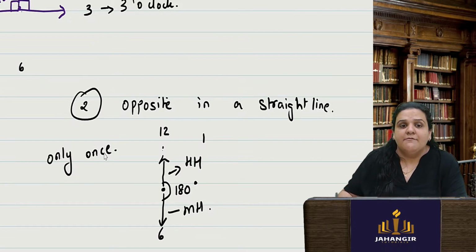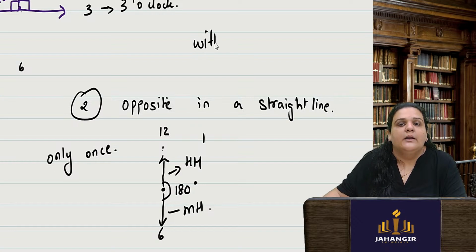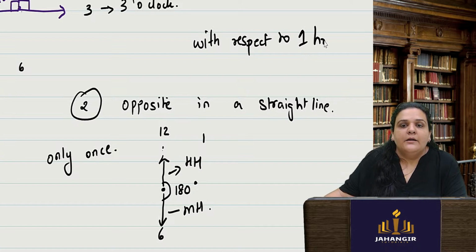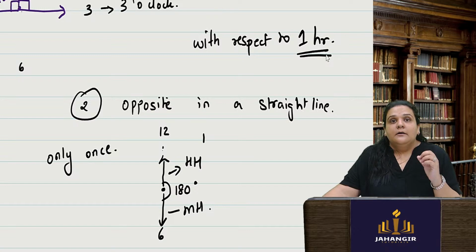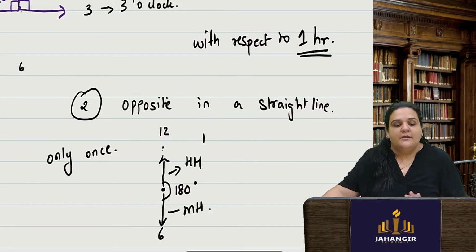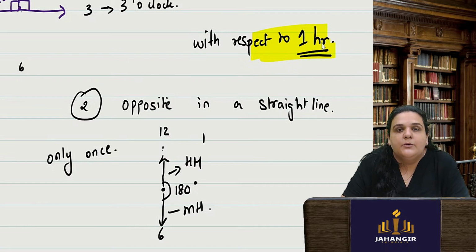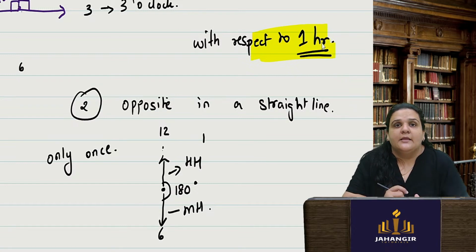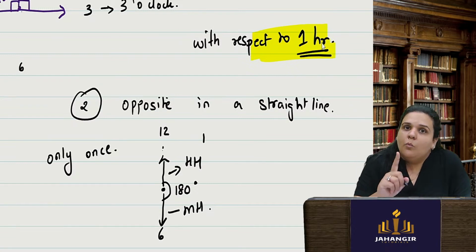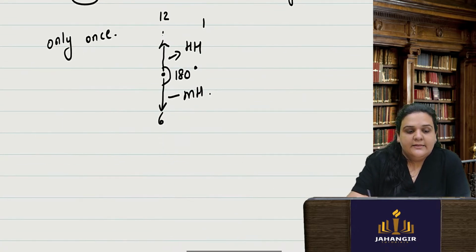I am talking everything with respect to 1 hour. Between 12 and 1, how many times will the minute hand and the hour hand be perpendicular? 2 times. But how many times will they be in a straight line making 180 degrees? Only once.